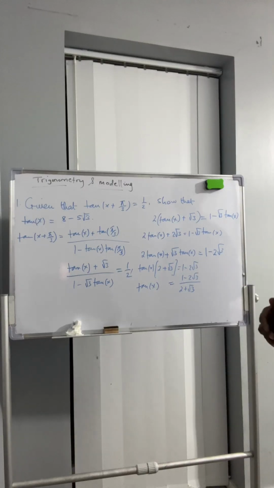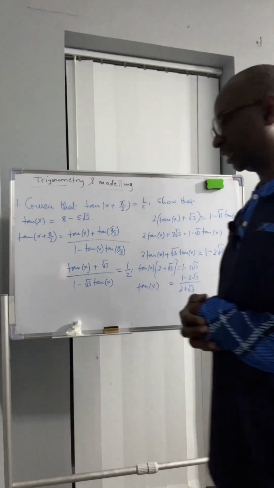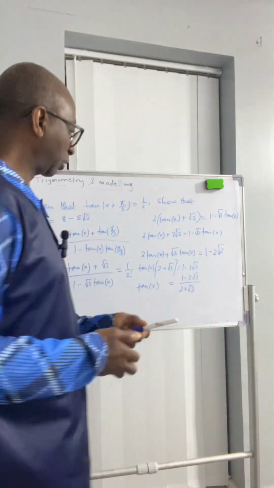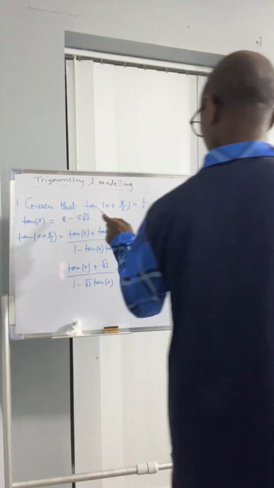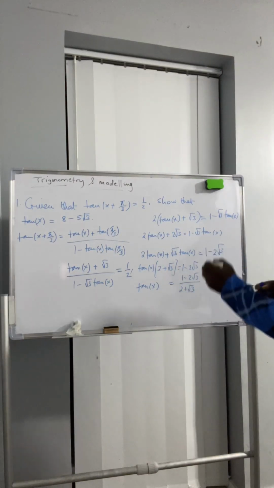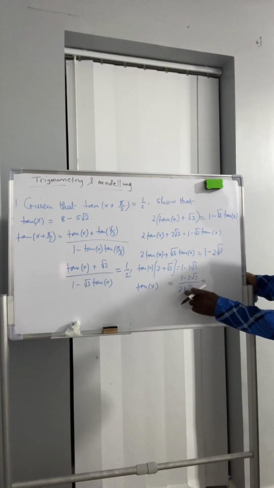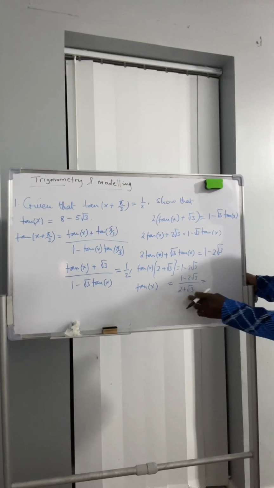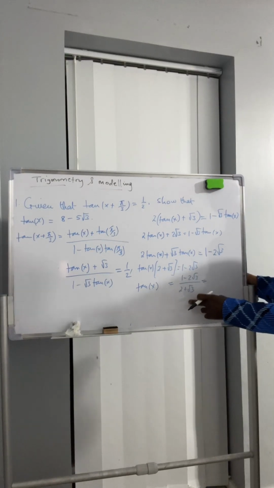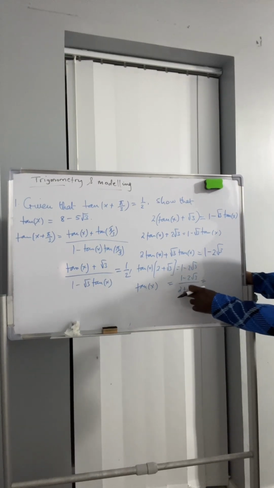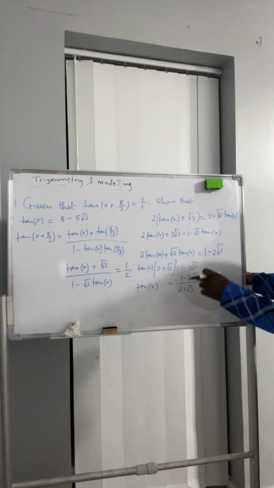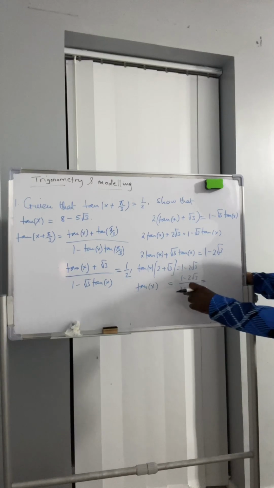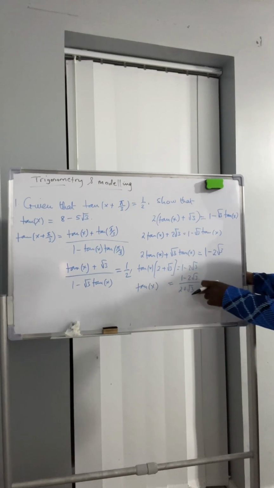So what we're going to do here is apply another method called conjugates. We are going to conjugate the denominator to arrive at our answer. What is that conjugation? We are just changing the sign between these two numbers. This sign here is plus, so we change it to minus, and multiply top and bottom by 2 minus root 3.